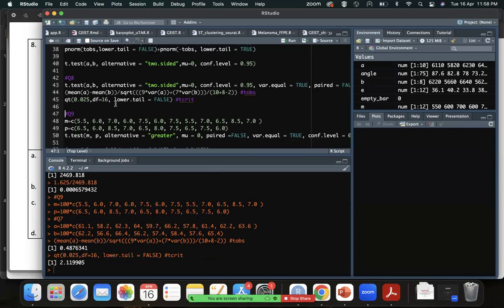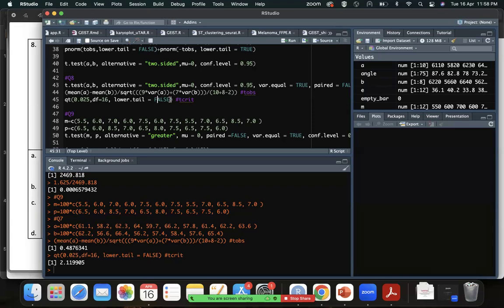So your T critical, you have to do QT because it's a two tail test, it's 0.025. And degrees of freedom, you calculate 10 plus 8 minus 2, N1 plus N2 minus 2, so you get 16.